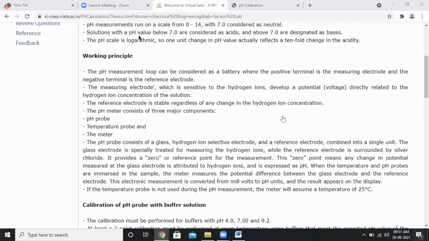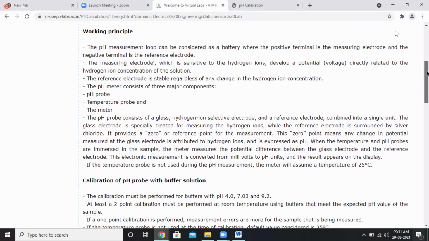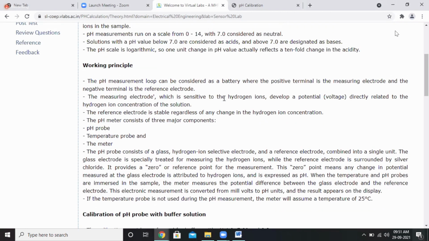Measuring electrode is used to measure the ion concentration of the solution, which is directly related. Okay, hydrogen. Stop sharing.